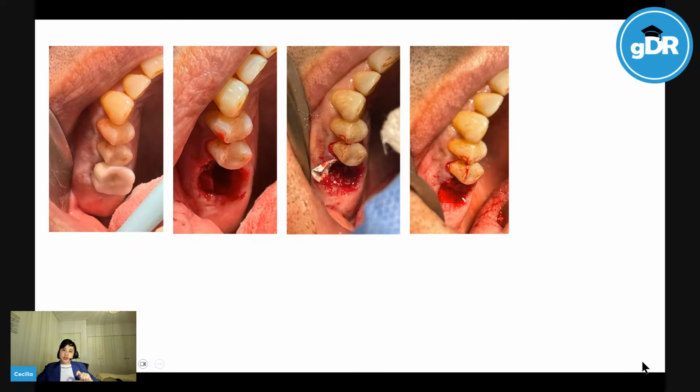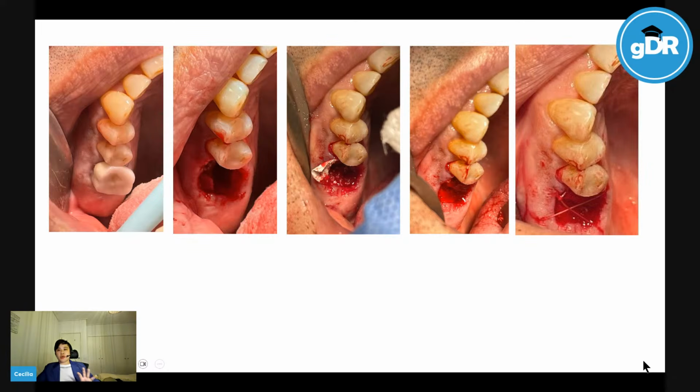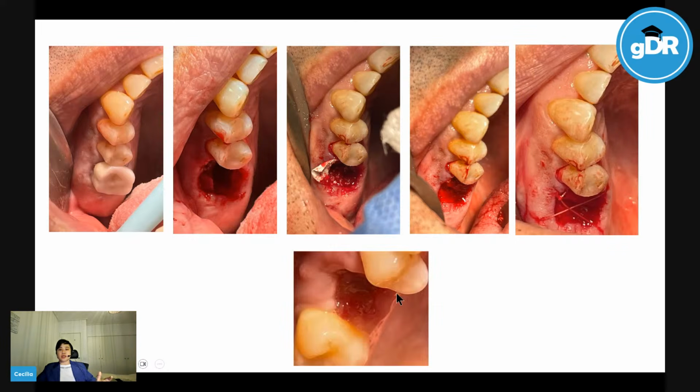Place that into the socket, cover it with membrane, wait, and you'll get soft tissue healing, bone healing, and that patient will keep the bone volume because the bone graft is a space filler, space maintainer. So you keep width and you keep height by preserving the ridge.